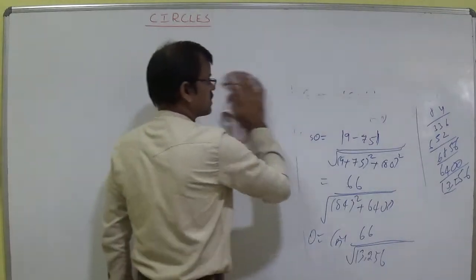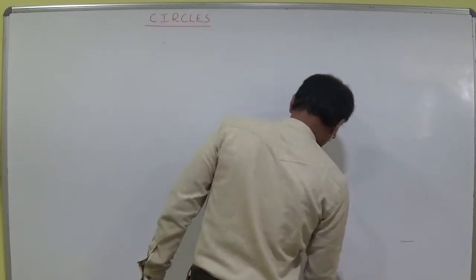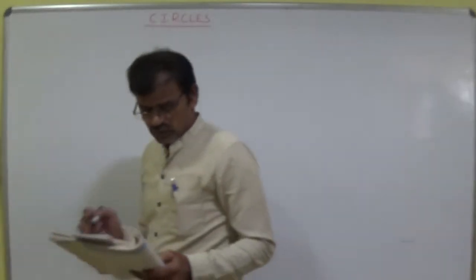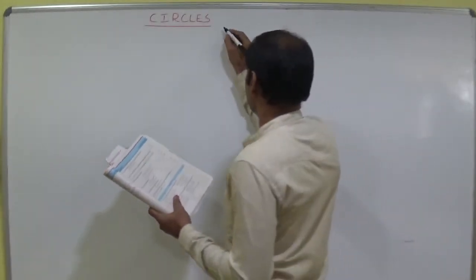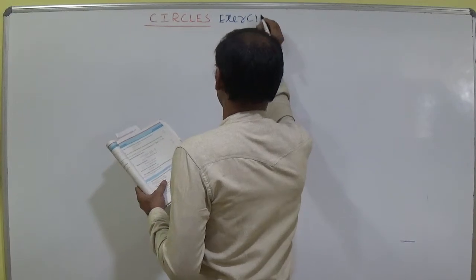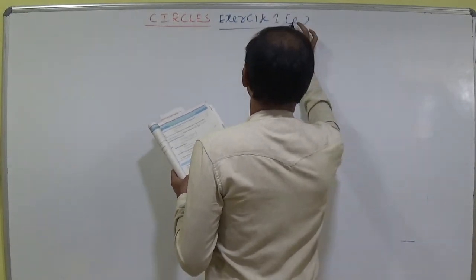The first 7-mark question will be asked from Exercise 1A, and the second 7-mark question, 99%, he will give from this Exercise 1E.